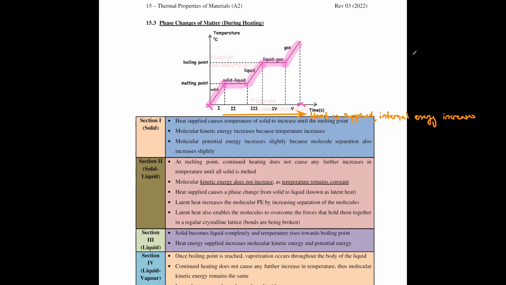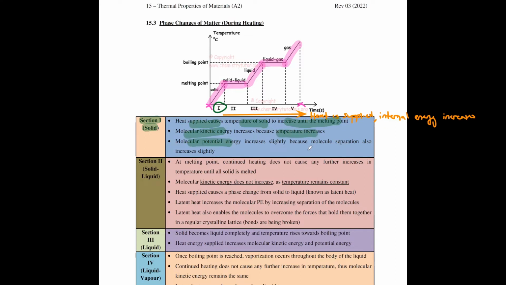Now let's just look at state 1, when it was a solid. Whatever heat you supply causes the temperature of the solid to increase until its melting point. At this point here, we will say that your molecular Ke increased because temperature increased.